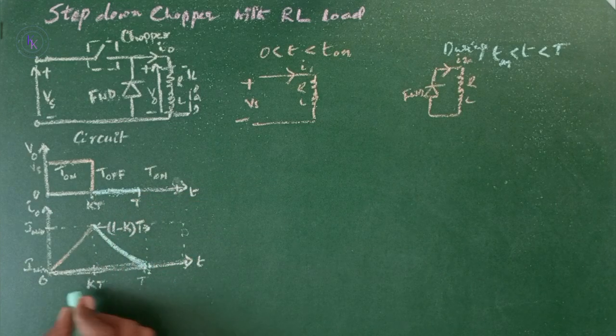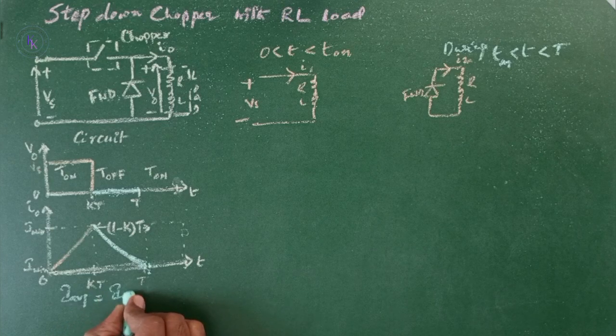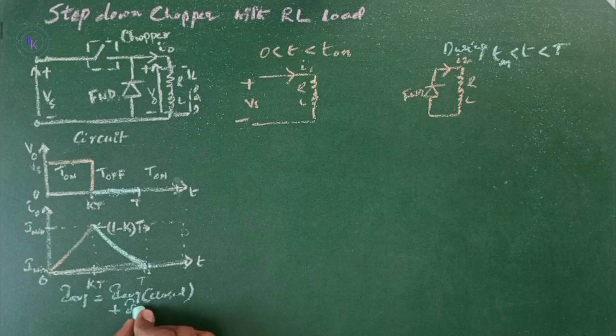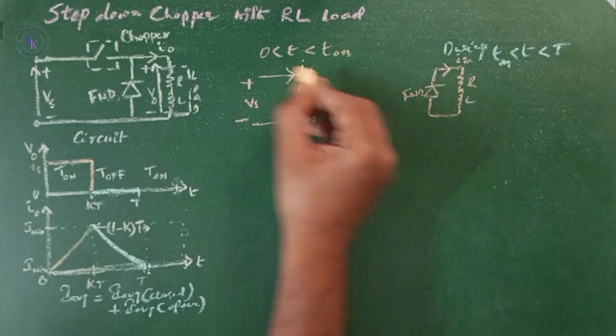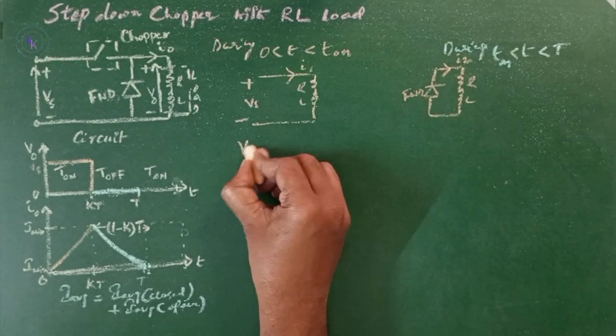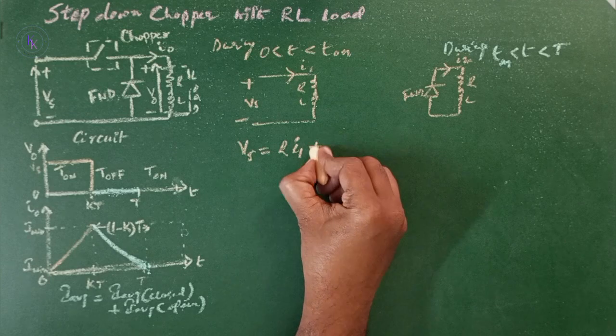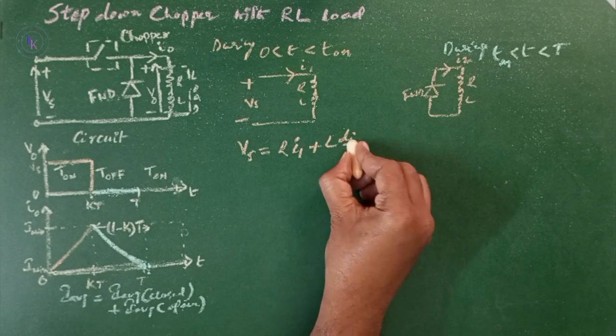Now, the average current I average is given by I average when the chopper is closed plus I average when the chopper is open. Now, this is during chopper is closed. Vs equals R I1 plus L di1 by dt.